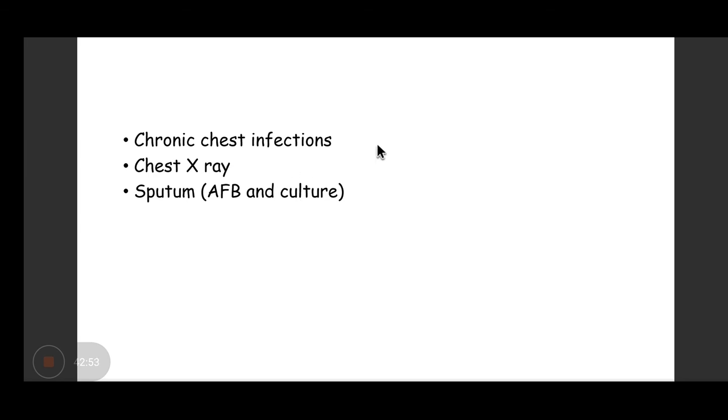Chronic infections: tuberculosis. Usually, tuberculosis is a chronic infection. It will present as a chronic fever, but sometimes in India particularly, it remains silently present in the body, and it presents as an acute febrile illness also.